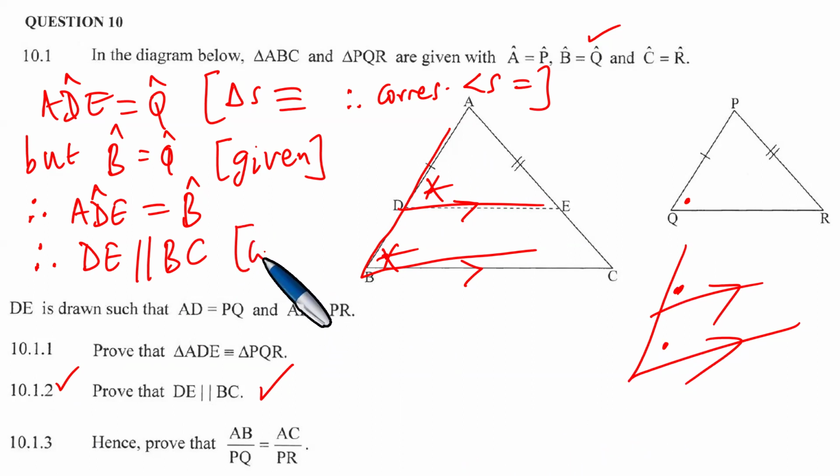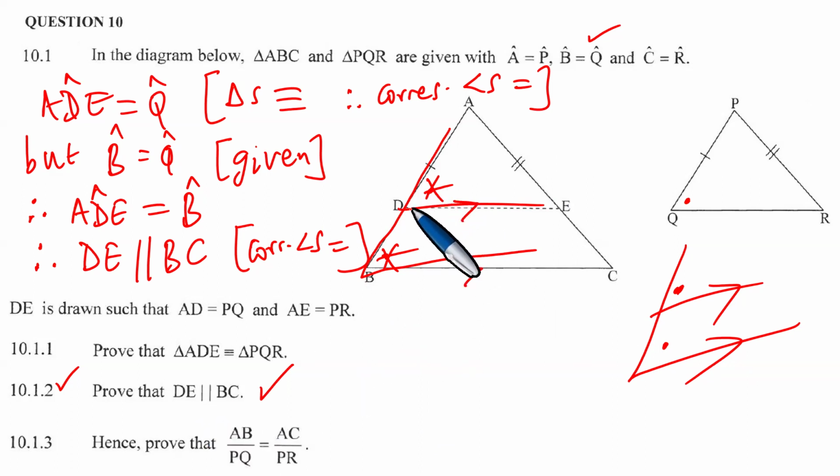These are corresponding angles. Corresponding angles equal, because this is equal to this. It means, therefore, DE is parallel to BC, which is what was to be shown.